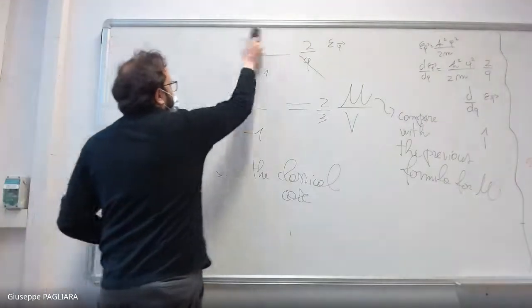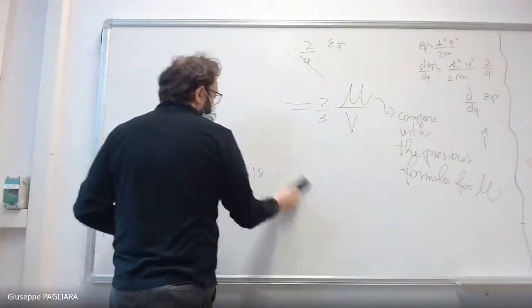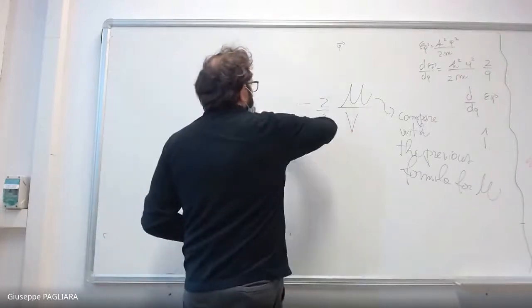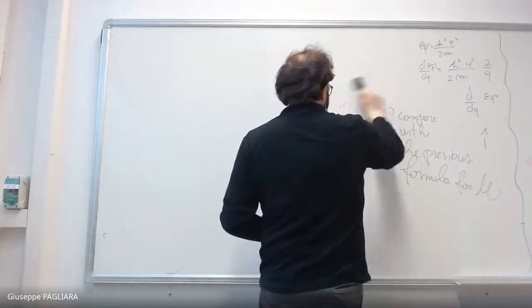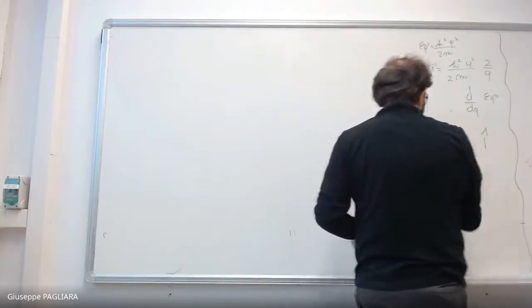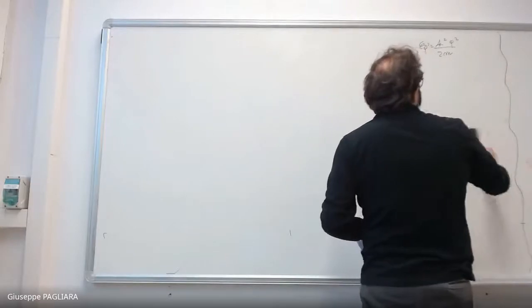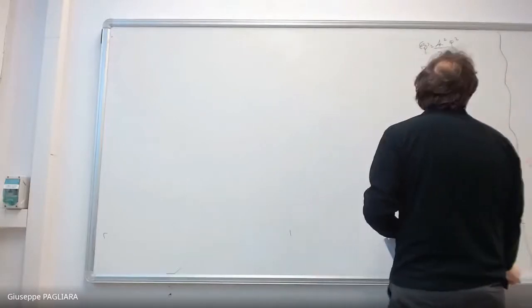So the case of a massless boson gas, for instance, the case of photons, you can consider the same expression as before, but in that case epsilon q is not this quantity here.